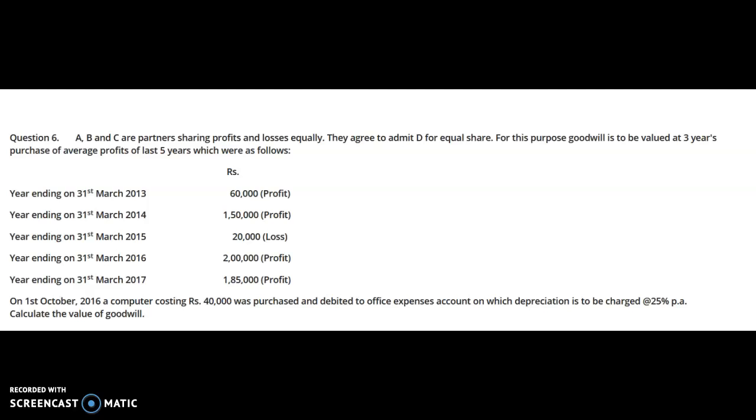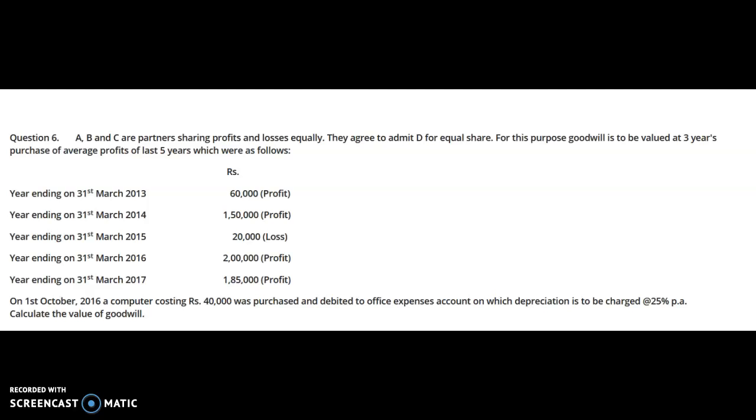Rather, we have to charge the depreciation at the rate of 25% per annum, not debit 40,000 to office expenses. And when you charge the depreciation at 25% on 40,000, please keep in mind that it should be calculated for 6 months, not for the full year. Why 6 months? Because the computer was purchased on 1st October 2016.